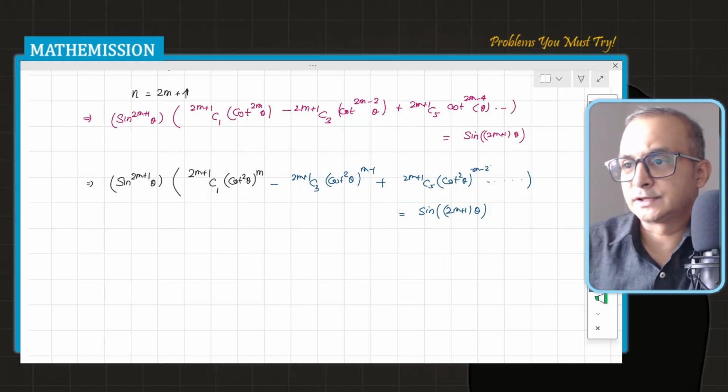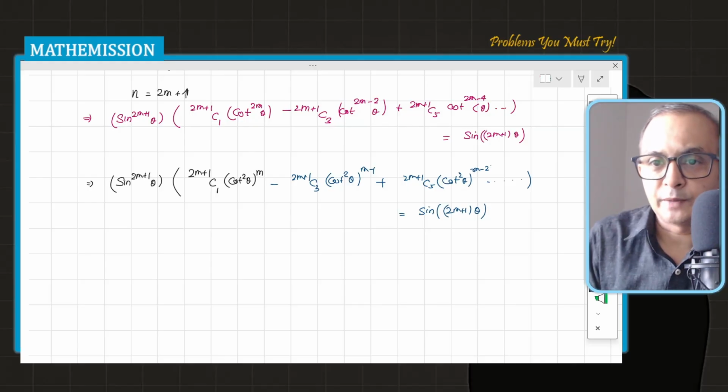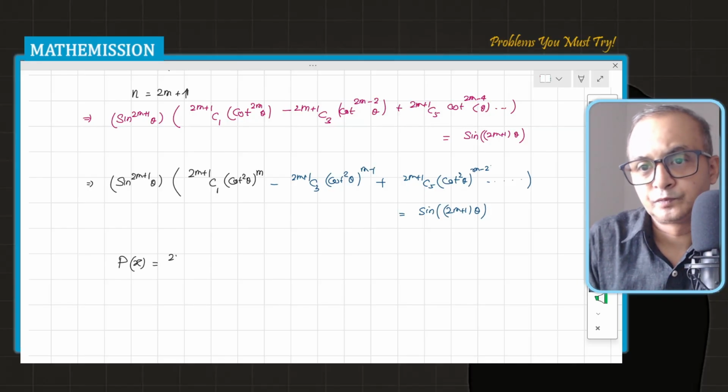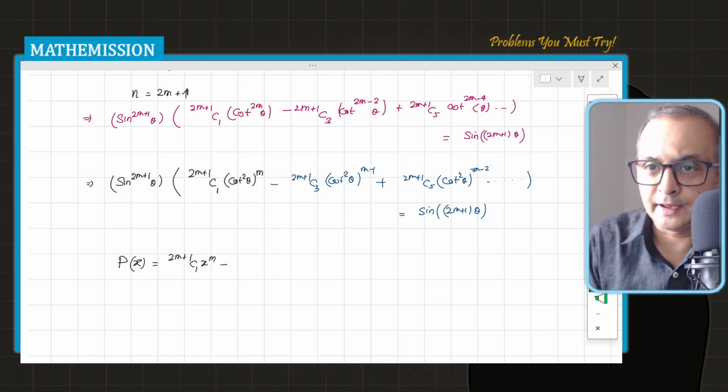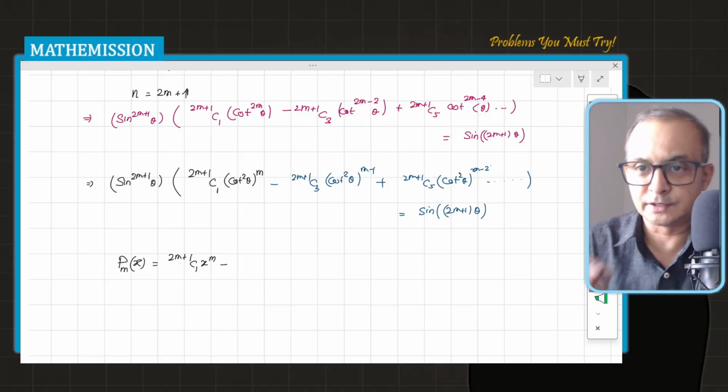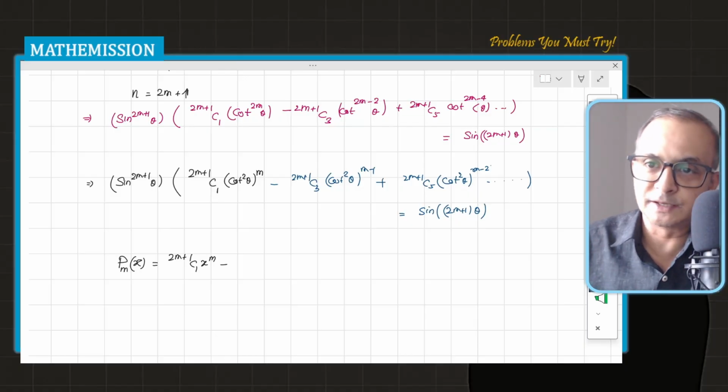So P of x is nothing but 2m plus 1 c1 x to the power m, and since it is a polynomial of x and the degree is m, I can write m as a subscript here to indicate that the degree of this polynomial is m.